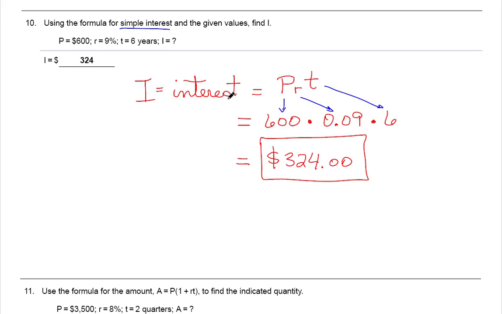Simple interest, I get principal times rate times time. And the time must be in years. Keep that in mind. Always the time is in years. So let's see, 600 times 0.09, because we had 9%, times 6 years, multiply it up, and we get $324.